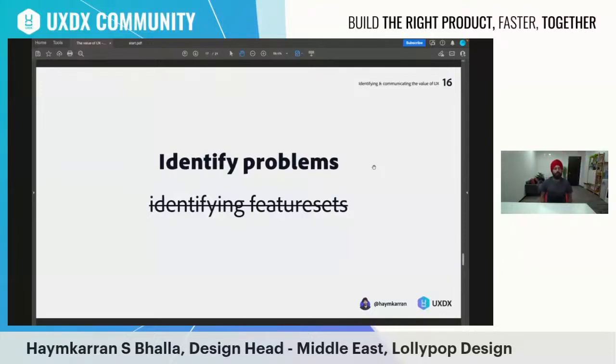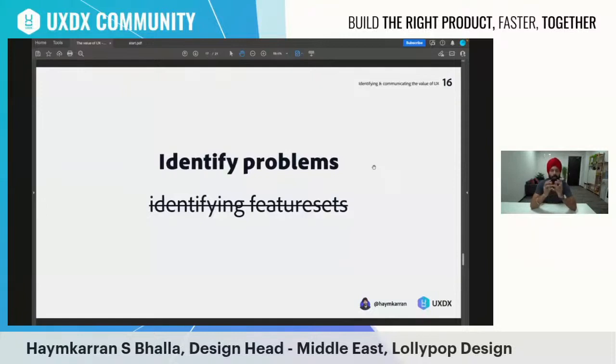So zooming back, we looked at how you understand the business, how you understand stakeholders, how you understand responsibilities within the business, so that you can gel well within the teams and work well with the cross-functional teams.